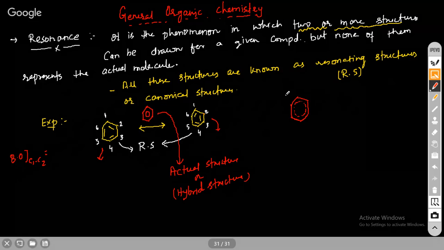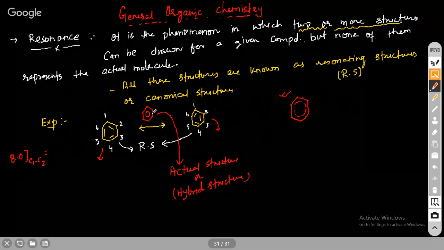Now the actual molecule is this, where the pi electrons are continuously moving over the entire molecule. Now the point is, if the actual structure is this, then why do we draw these two structures? Whenever you see any reactions, they must have drawn this structure or this structure, not this one. They never draw the actual structure of benzene when they represent the reaction of benzene.